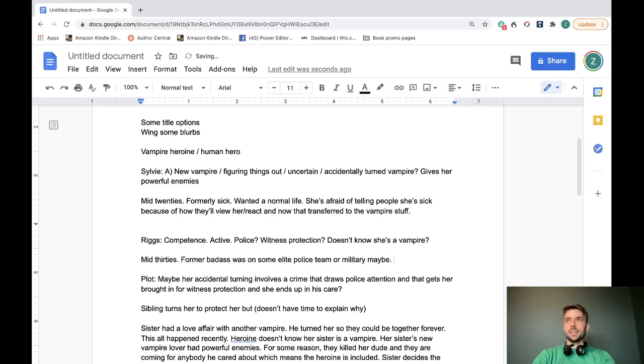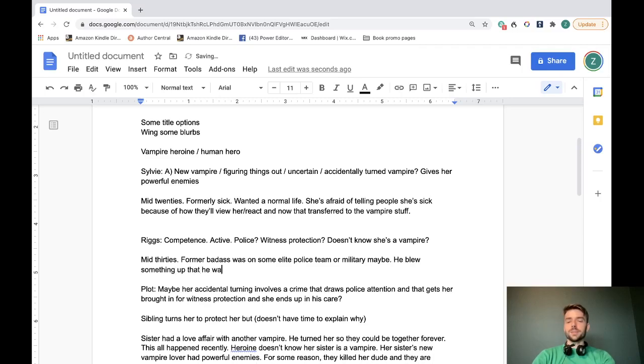And then he blew something up that he wasn't supposed to and got put on desk duty as punishment. It's not the most unique character profile, but the former badass who's hunched over a desk, bulging muscles, all grizzled and scarred, but he's working for some dork named Paul, who's asking him about memos or whatever.